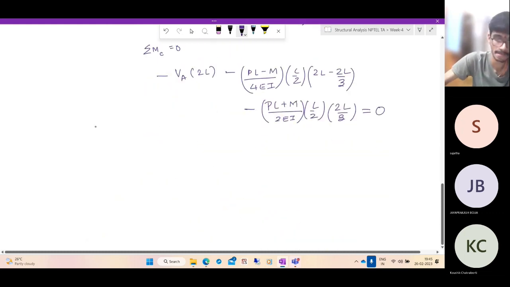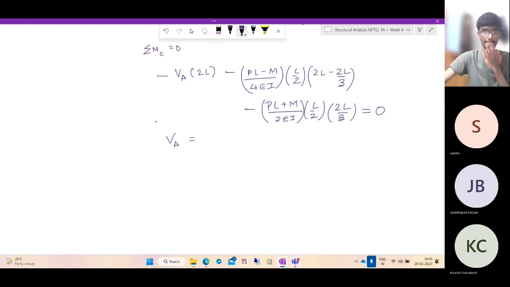So what do we get? We get VA as, if you do all this rearrangement, let me write down the final answer. Yes, you will get VA as minus PL square by 6EI.